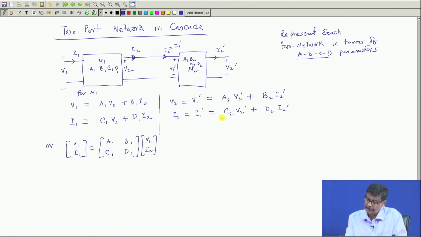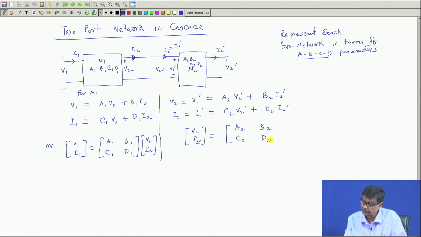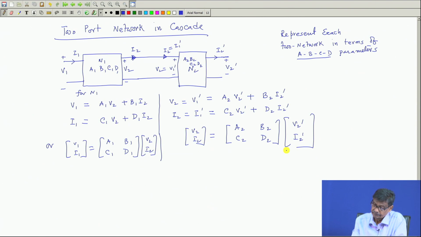And here we also get V 2 I 2 as its input quantities, since V 1 dashed is equal to V 2 because of this connection, and V 2 I 2 is equal to the matrix A 2 B 2 C 2 D 2 times V 2 dashed and I 2 dashed. This way I will write it.